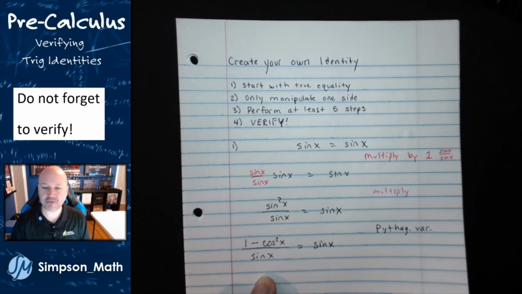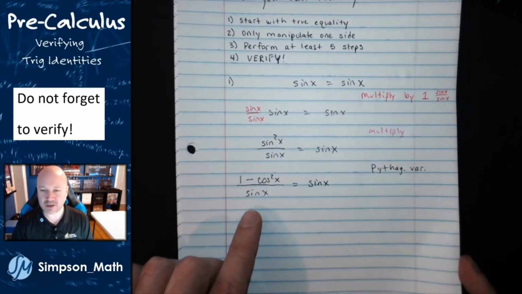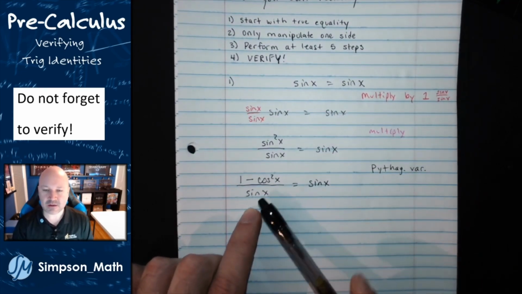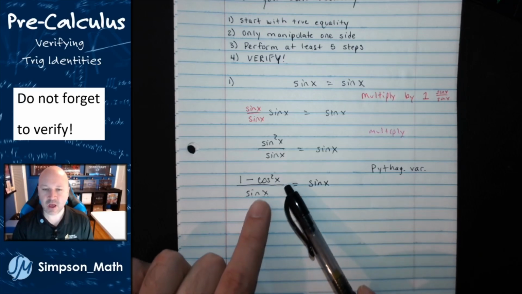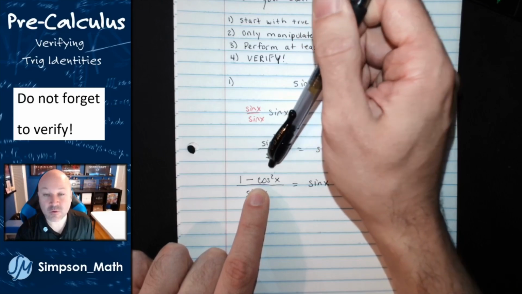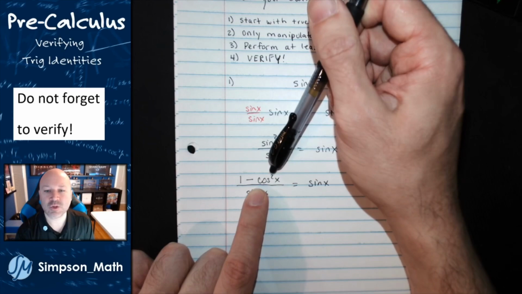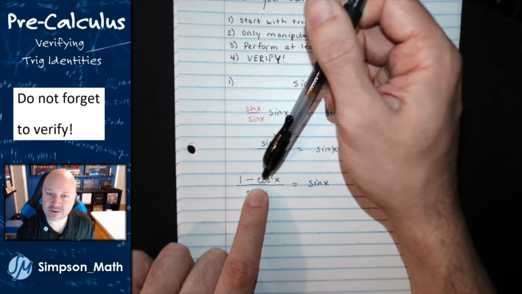All right, so that's 3 steps. I need at least 2 more. So I have 1 minus cosine squared over sine equals sine. And let's see, what else can I do here? Oh, well, this is something kind of cool. 1 minus cosine squared of x, we call that a difference of two squares, which means we can factor that.